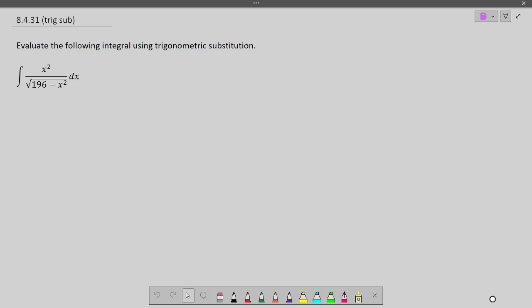And then in the numerator, we have sine times cosine. In the denominator, we have the square root of cosine squared. Why isn't the sine squared on top? It should be squared, thank you. So x squared, yeah, so that should be 14 squared times sine squared. Good call, thank you. That should be squared. Thank you.